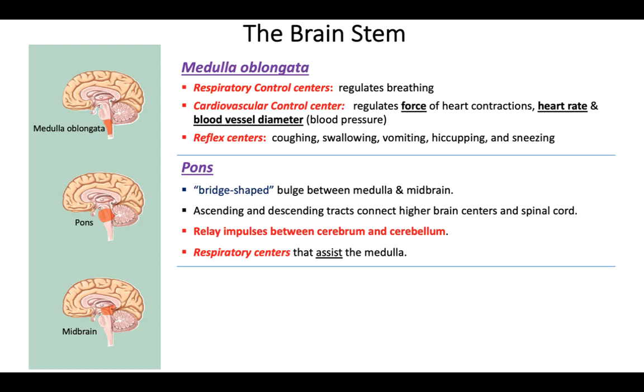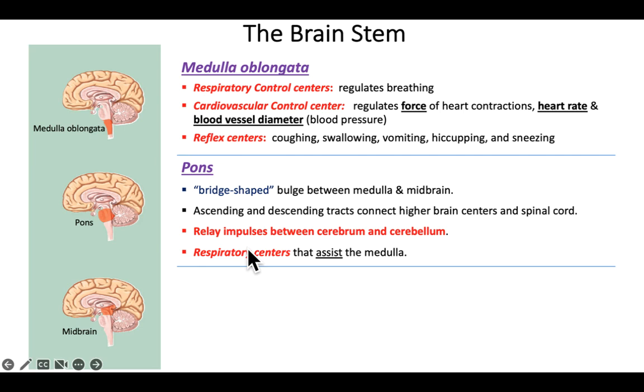So it has a lot of ascending and descending tracts that send signals up to, say, the cerebrum, or bring those signals down, eventually down the spinal cord. So it relays a lot of impulses between different parts of the brain and then down to the spinal cord. It also will assist the medulla in breathing.